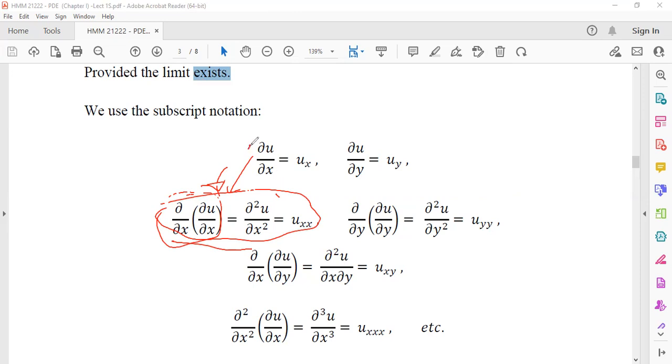What is the difference between this and this? Partial with respect to ux, yes, but that is obvious.